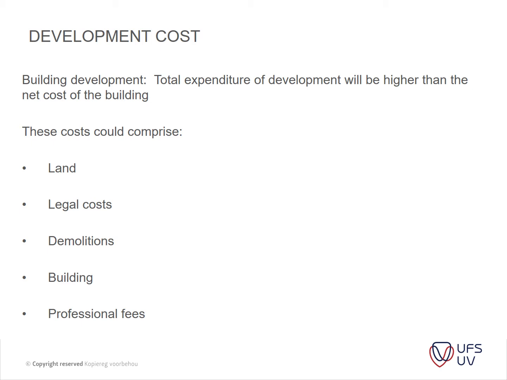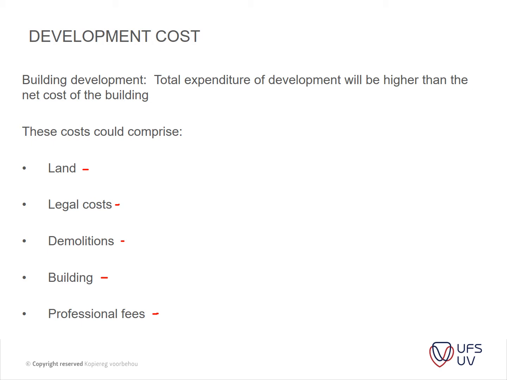So these costs could comprise the cost of land, the legal cost, demolitions of existing buildings, the building cost itself, and professional fees. So it's not just the actual building cost that we consider.